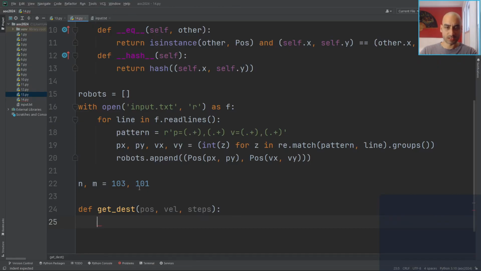This is actually splitting into X and Y. It's pretty trivial. 103 and 101 are prime, I believe, so that doesn't actually matter.